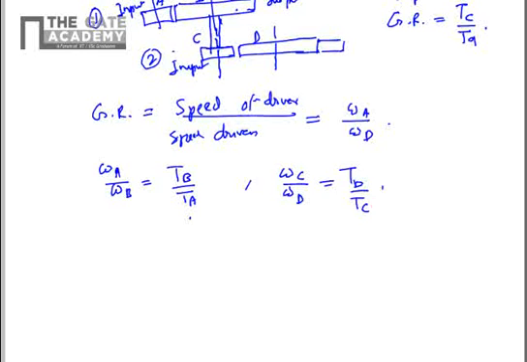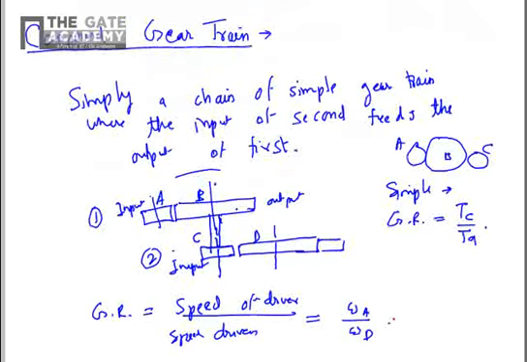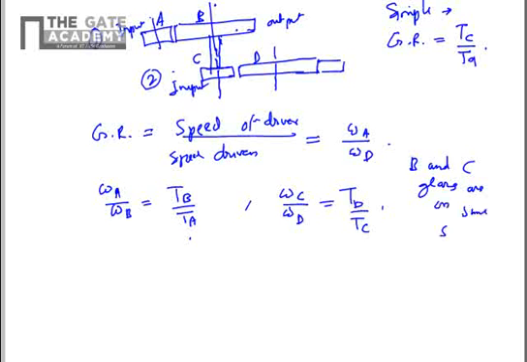Now in these two equations, you know that B and C are gears on the same shaft, so omega C is equal to omega B. The angular speed of rotation on the same shaft will be the same.